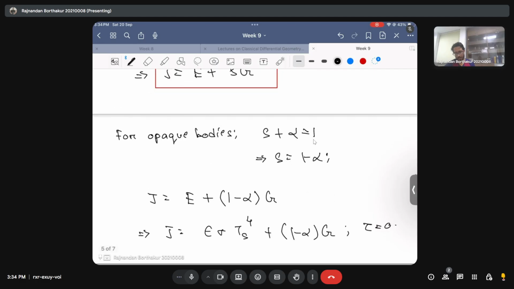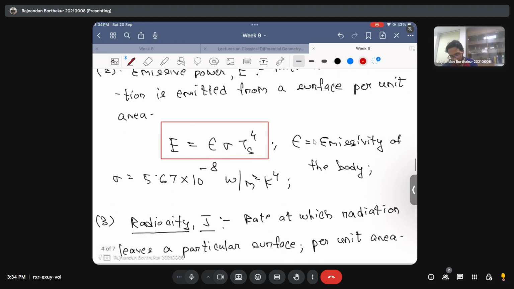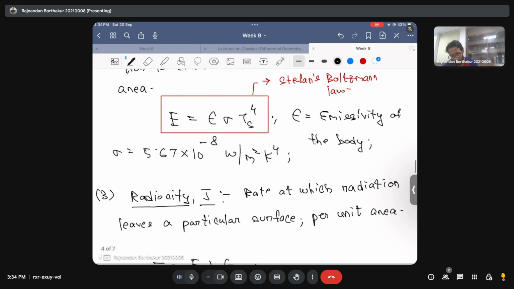By the way, you need to understand that this is known as the Stefan-Boltzmann law, and there is also something known as the emissive power of a black body. In the case of a black body, the emissivity becomes equal to 1, and we'll discuss this more clearly in the subsequent discussions.